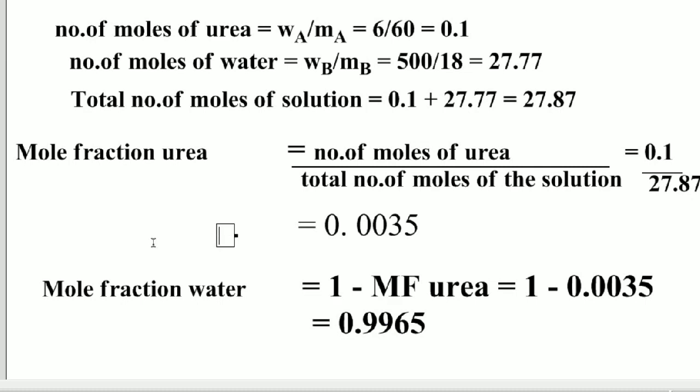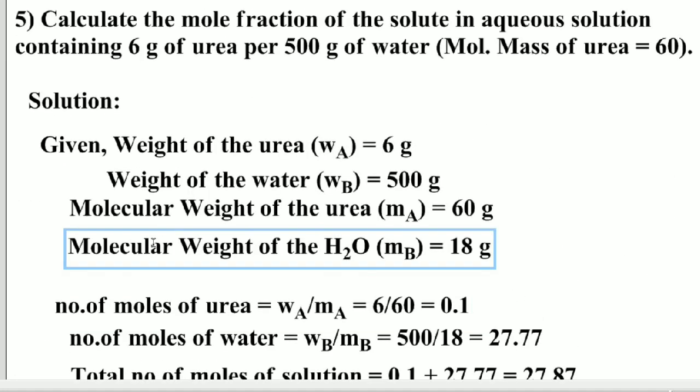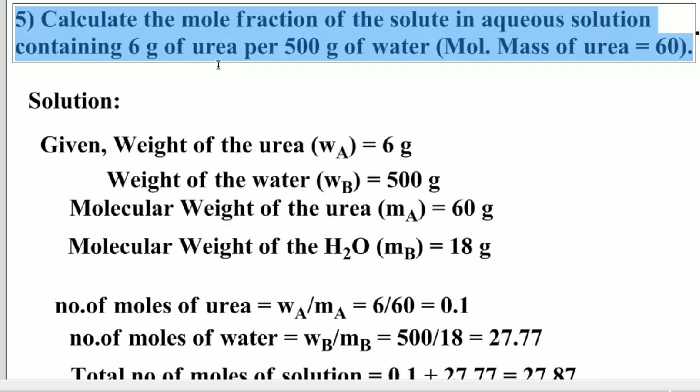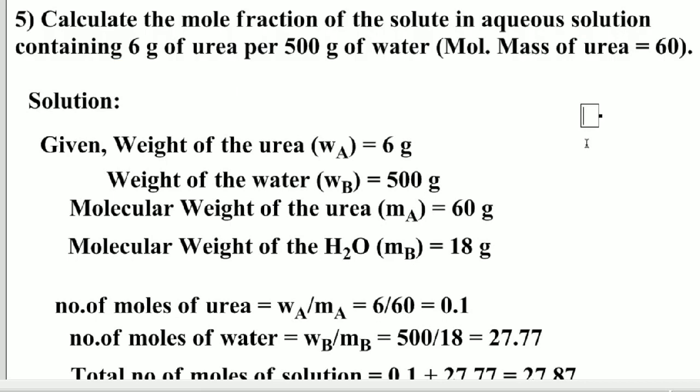Okay students, so in this way, for a given problem, we can calculate the mole fraction of solute as well as the mole fraction of solvent. I hope you understood how to calculate the mole fraction for given components, that may be solute or solvent, by using the mole fraction formula.